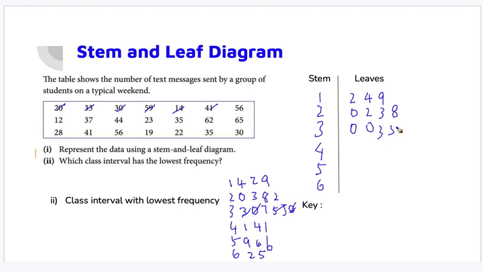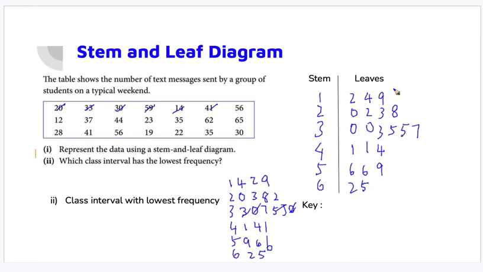And we have 4, 1, 1, 4, and 6, 6, 9, then 2, 5. Right? So now the numbers are in running order.